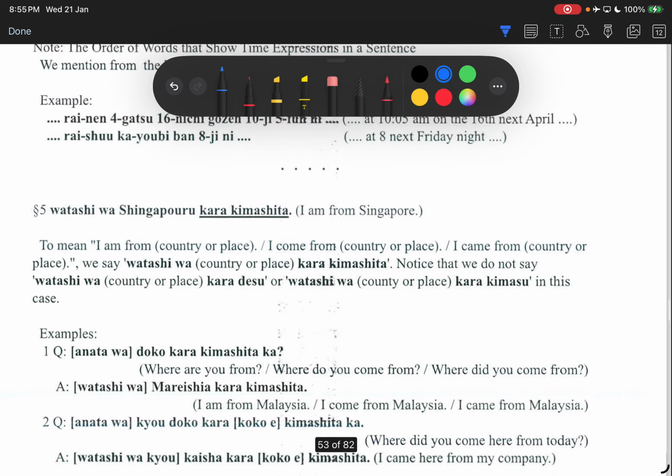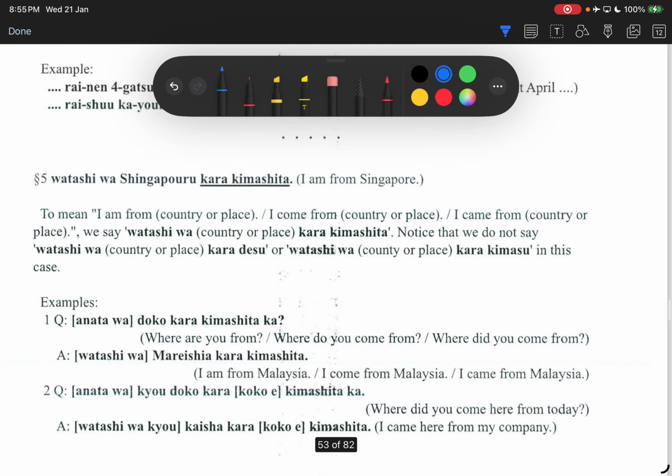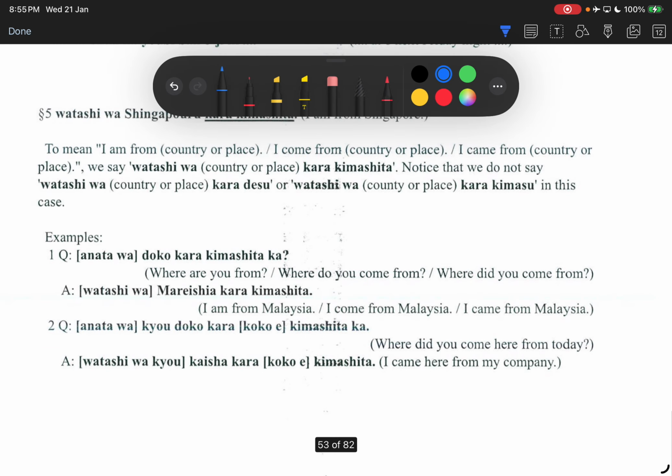Then of course, because kara in this case is asking for location, so the question word here will be doko kara. Right? Number 1, doko kara kimashita ka. So from where you came. Right? From where you come. But you don't put kuni inside. Which country you come from? You don't say where country you come from, right? You will say which country you come from. So what is which?